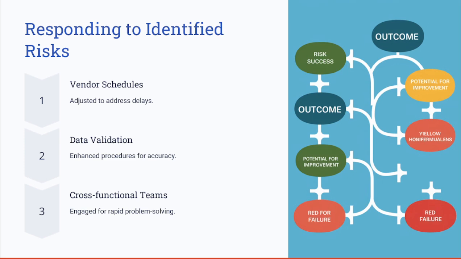Enhanced data validation procedures and protocols were also introduced to mitigate the risks of data errors, ensuring the quality and integrity of the migrated data. The cross-functional teams, including IT specialists, business analysts and quality assurance personnel, collaborated to resolve the integration challenges, minimizing disruptions and maintaining the project momentum.